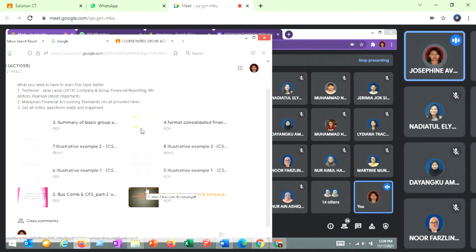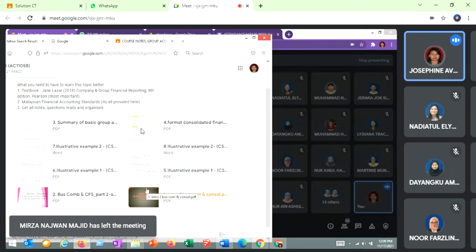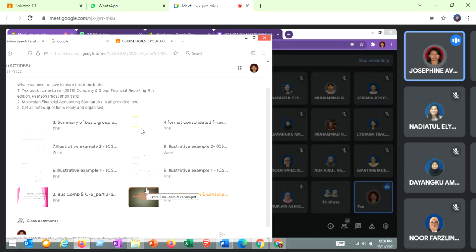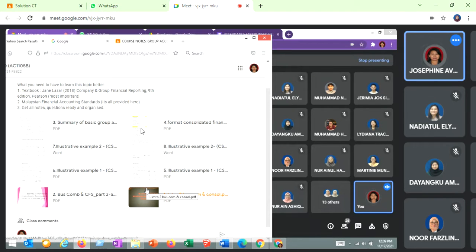But when it comes to group accounts, the accounting situation is different, because the parent will no longer be allowed, under the standard, which standard? MFRS 10. All right, to recognize that as its investment property, it should be recognized as PPE.